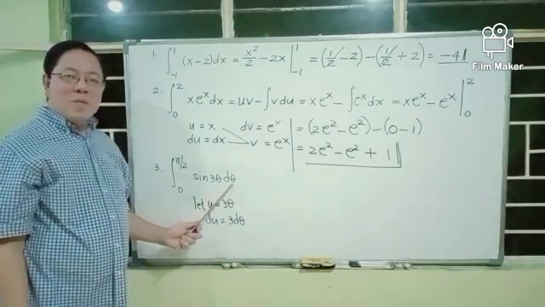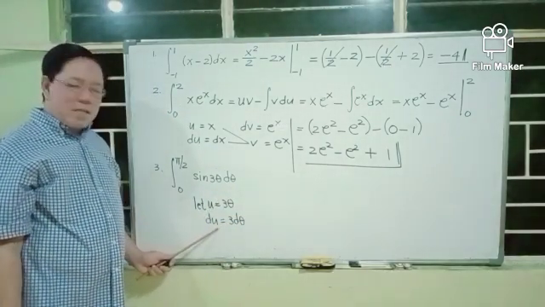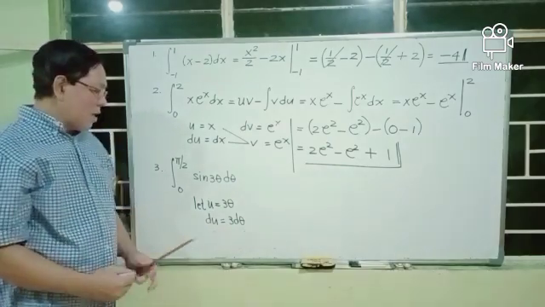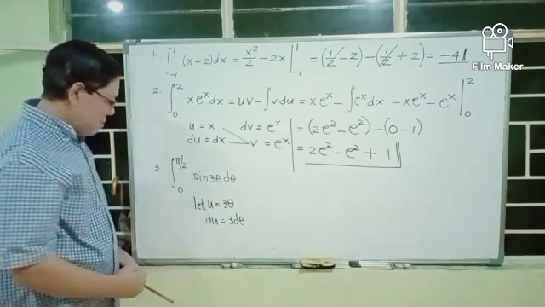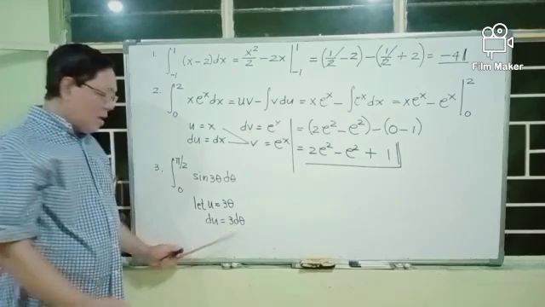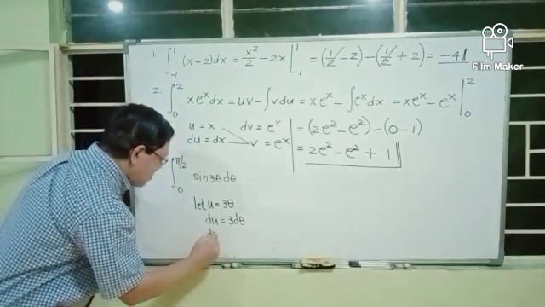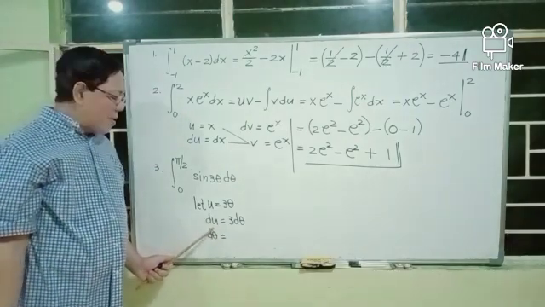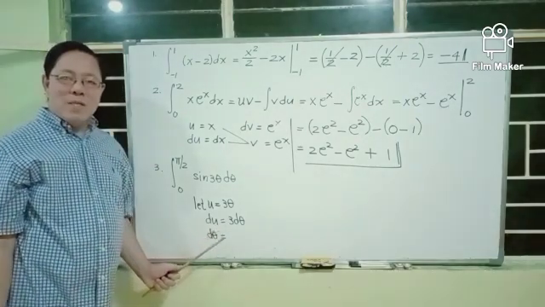And in the given, we have d theta, so we solve for d theta from du equals 3 d theta by dividing both sides by 3. If you divide the right hand side by 3, you get d theta equals, you also divide the left hand side by 3, you get du over 3.